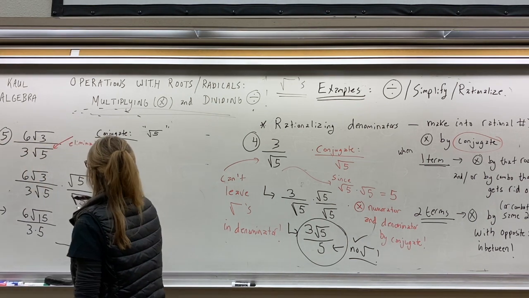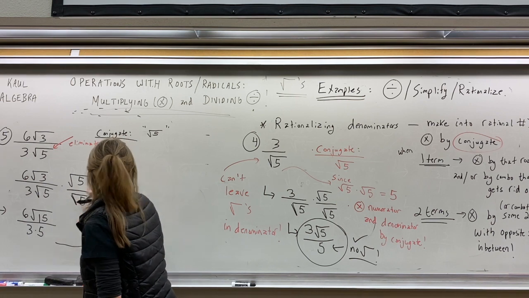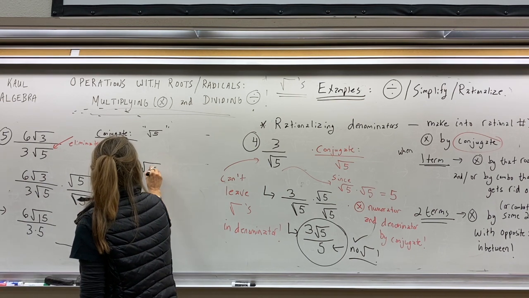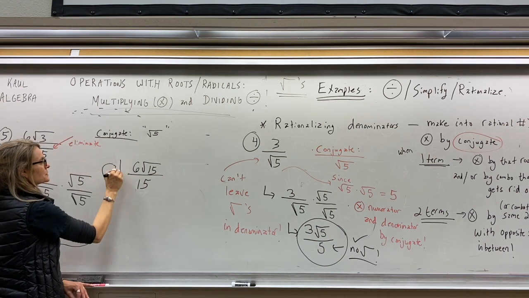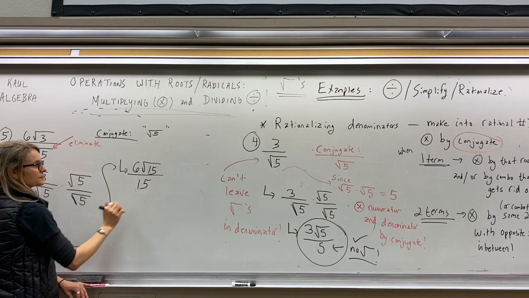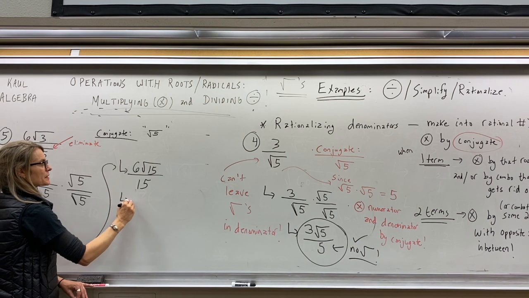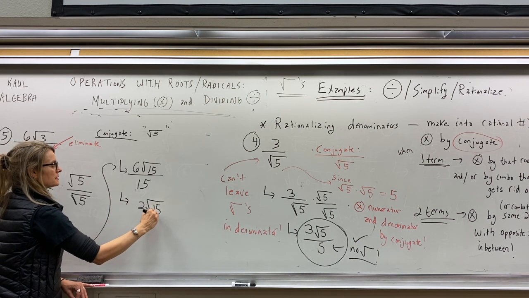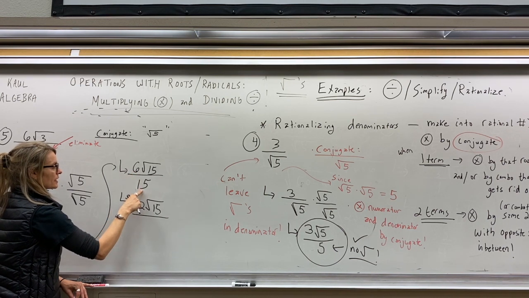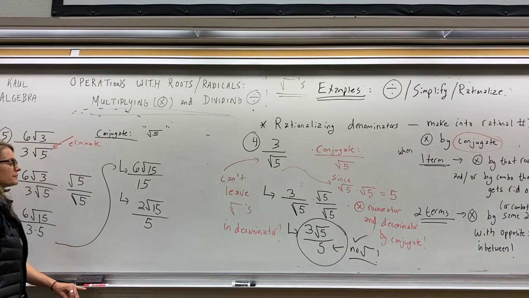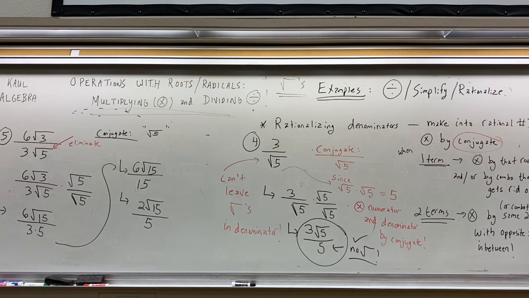And I have 6 square roots of 15 over 15. And I can reduce this, 6 and 15 both share a 3. This becomes 2 square roots of 15 over, divide by 3, 5. And that would be my final answer. I've rationalized that.